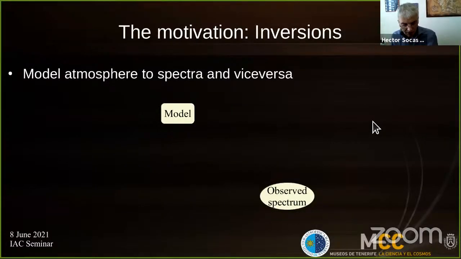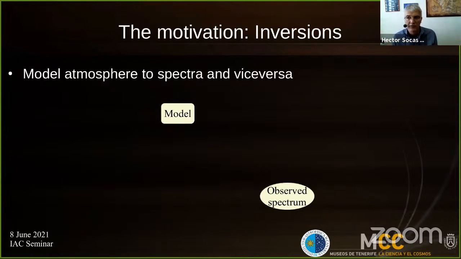Let me start with a bit of introduction, and perhaps we should start with the motivation of why we have been working on this. In fact, a lot of people in my field have been working recently on trying to develop these kind of new analysis tools basically for spectroscopic and spectropolarimetric observations.